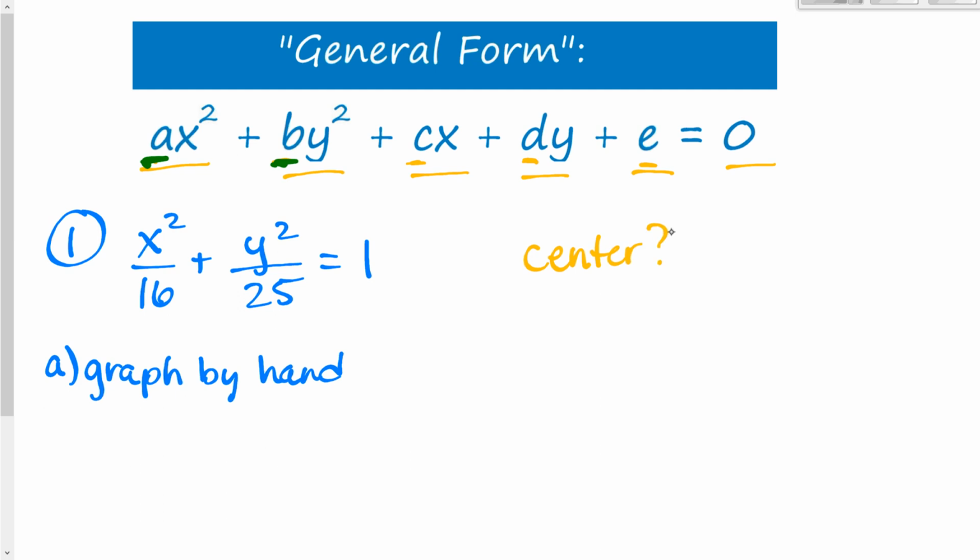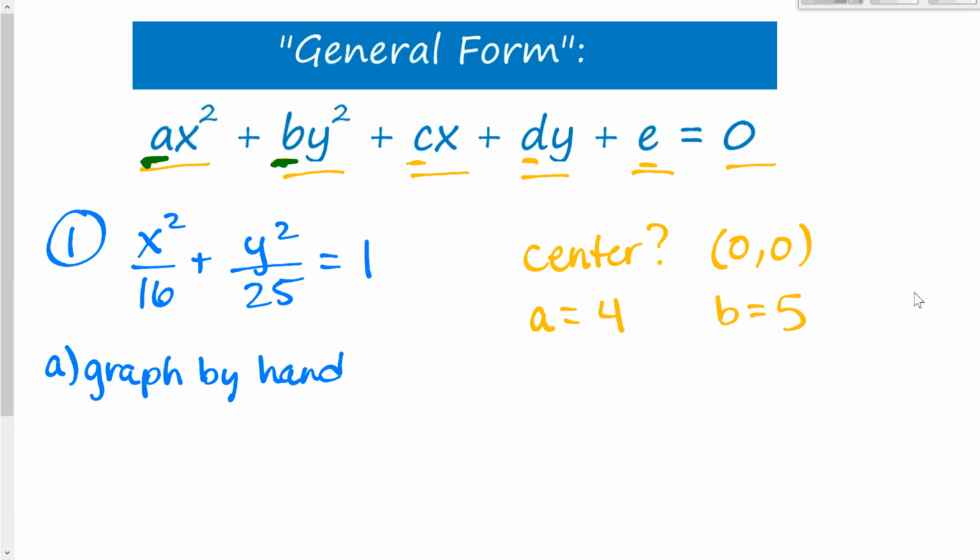What's H and what's K? The center is 0, 0. What's the value of A? That would give us the distance from the center to the side. Well, A squared is 16, so A is 4. What's the value of B? B would give us the distance from the center to the top. Since B squared is 25, B is 5.